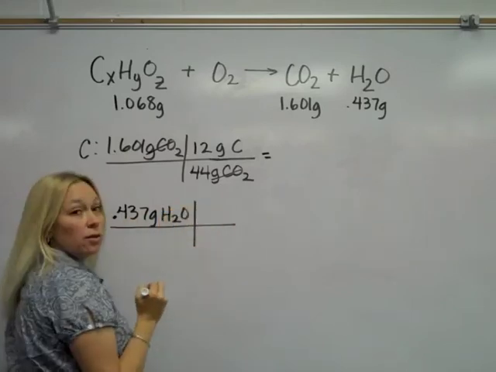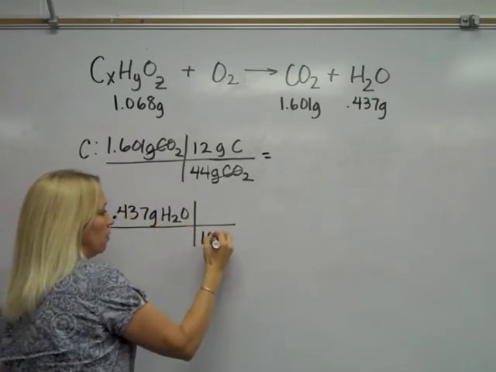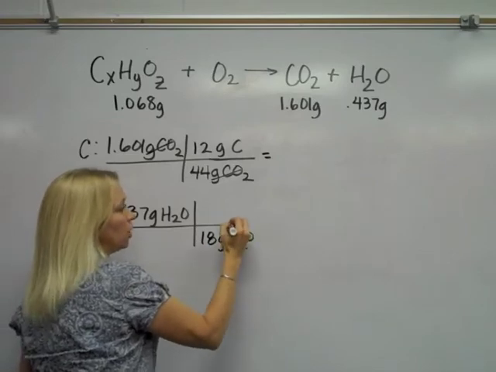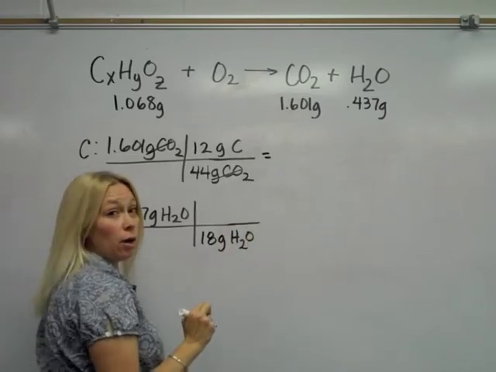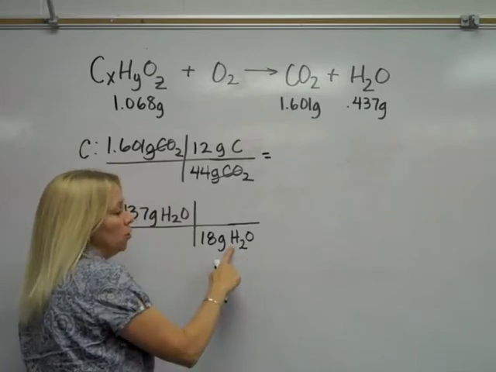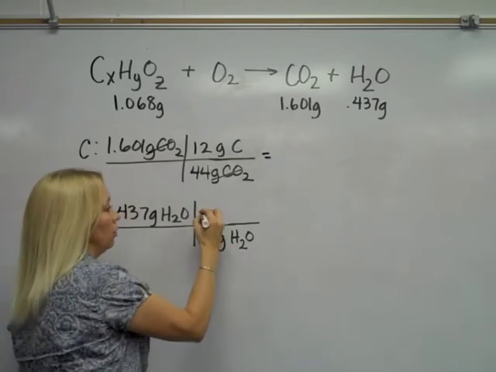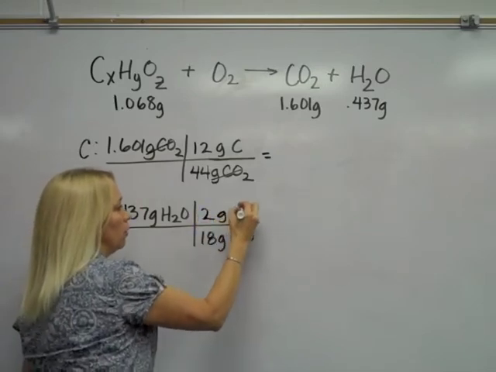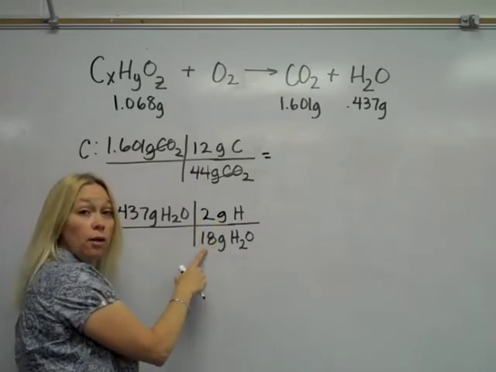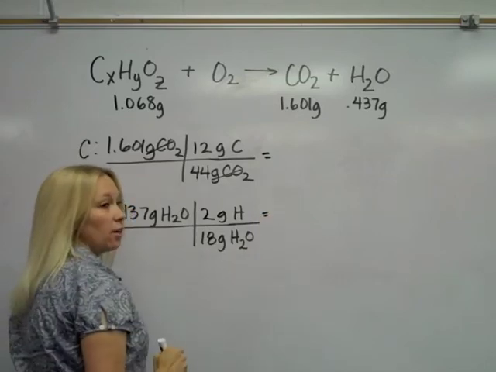And what's the molar mass of water? 16, 17, 18. Okay, now how much hydrogen's in that water? 2 moles, right? Well, each 1 mole of hydrogen weighs 1 gram, so 2 moles would be 2 grams. That's the weight of hydrogen in 1 mole of water. Okay, now let's get a calculator.